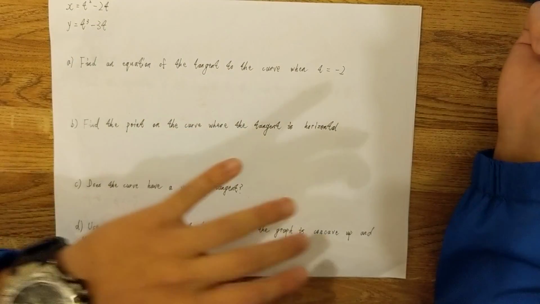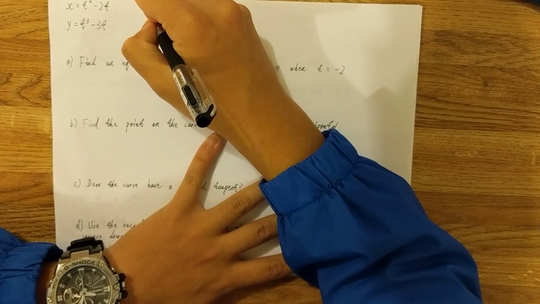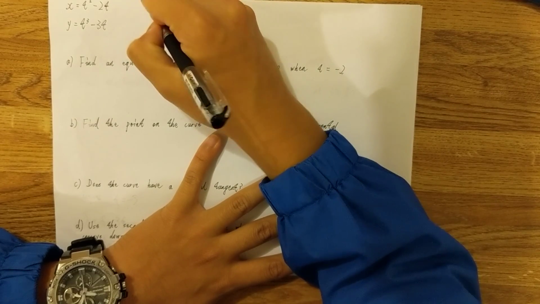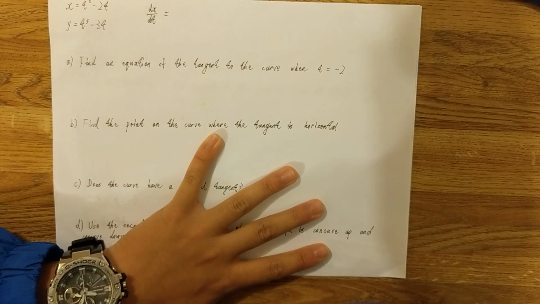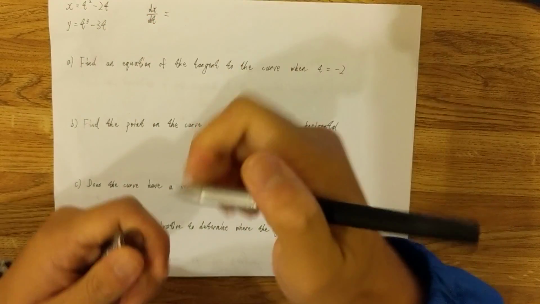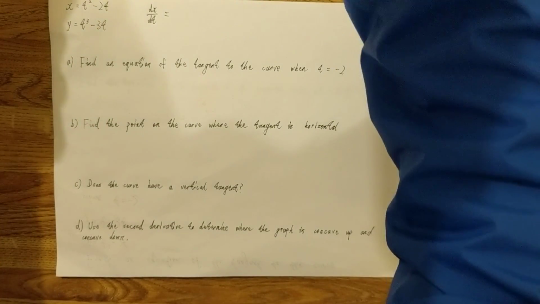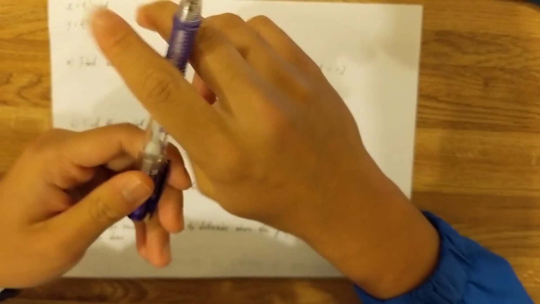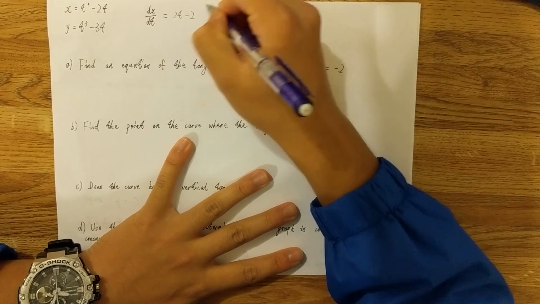So since these four questions all involve the tangent, first, obviously we want to find what dy/dx is. So in this case, dx/dt, let me use a pencil in case I do something wrong, I can erase it. So dx/dt equals 2t minus 2.